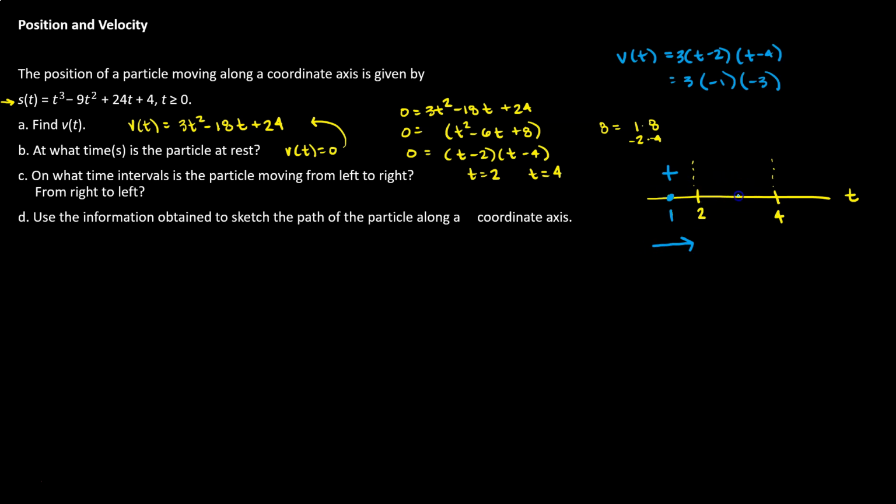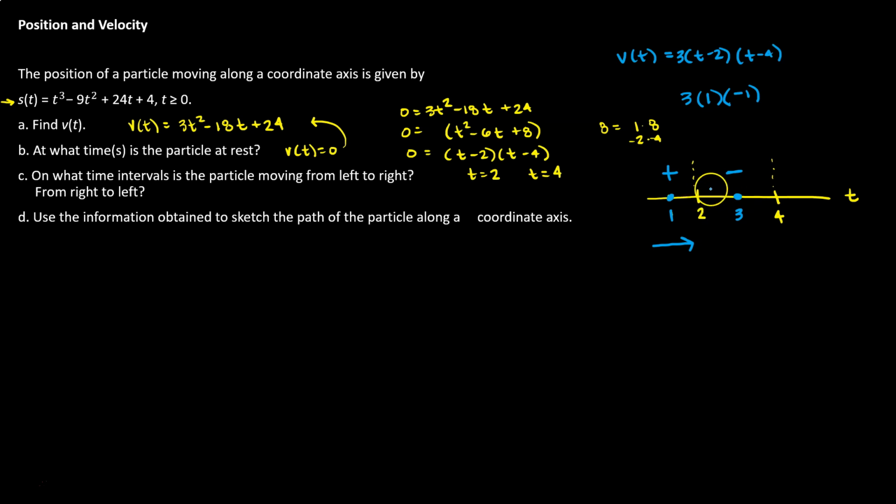If I pick a test point between 2 and 4, like 3, I can plug that into my function. I would have 3 times 3 minus 2 is positive 1. 3 minus 4 is negative 1. I have one multiple of a negative, which would leave me with a negative velocity for this entire interval.